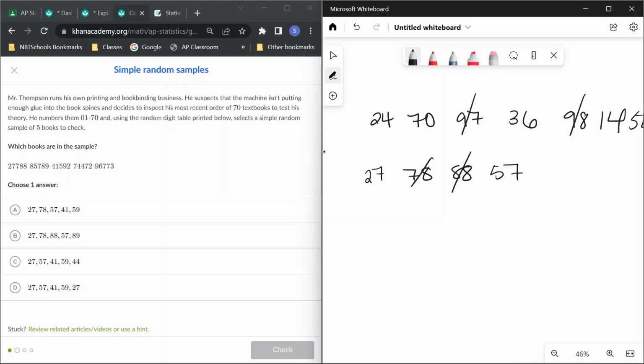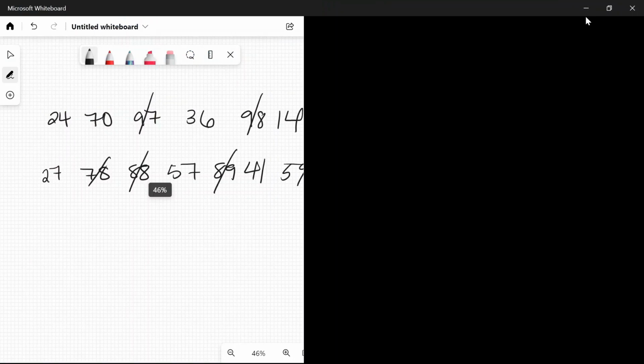After 57 we have 89, which we can't use. Then 41, which we can use, and 59. And after 59 we have 27, and we can't use that because it's repeating.